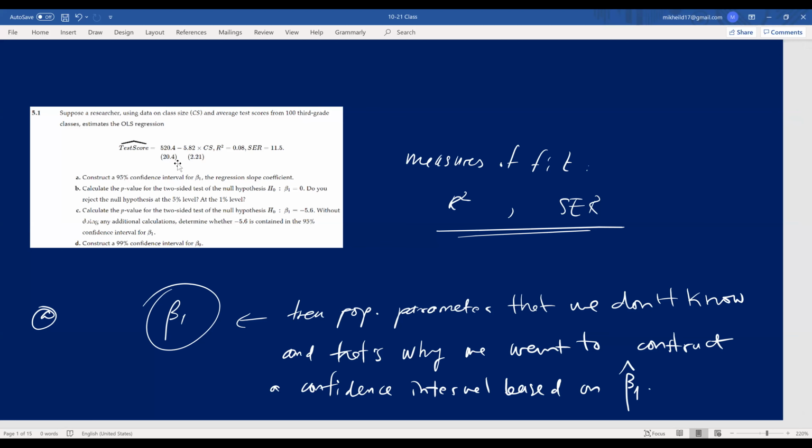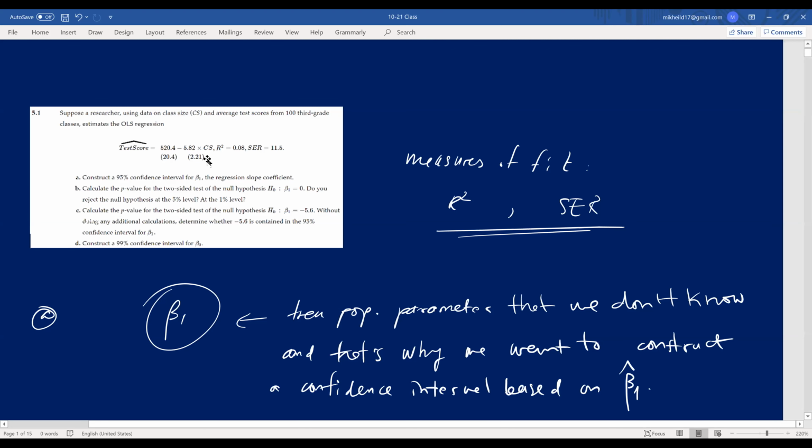Under it is the standard deviation of the estimated coefficient, so we have to be very careful with what we say. These numbers are not true numbers, not population numbers. Those are sample numbers, so all of the numbers that you see here are estimated. 520.4 is the estimated beta 0, denoted by beta 0 hat. 20.4 is the estimated standard deviation of the estimated beta 0, denoted by sigma hat of beta 0 hat.